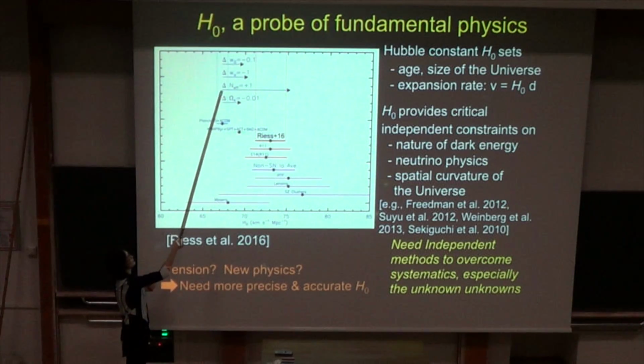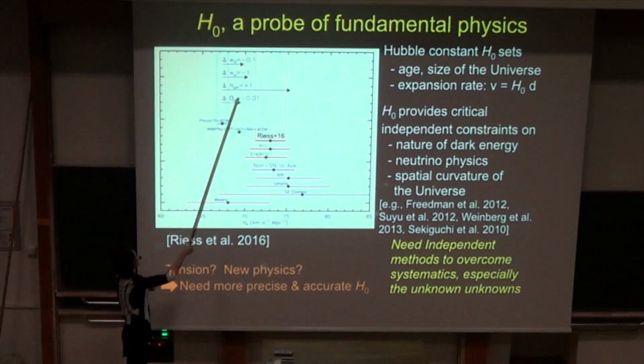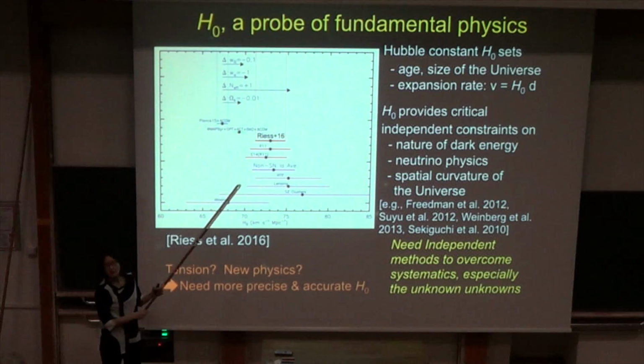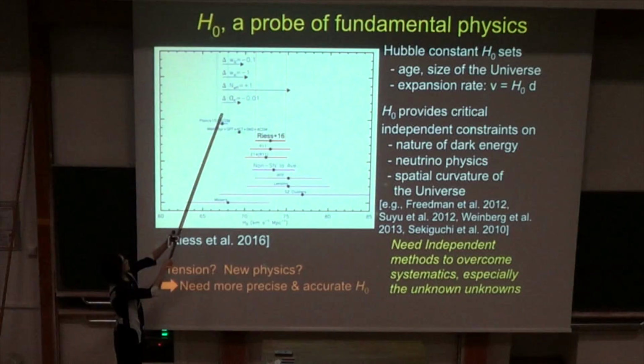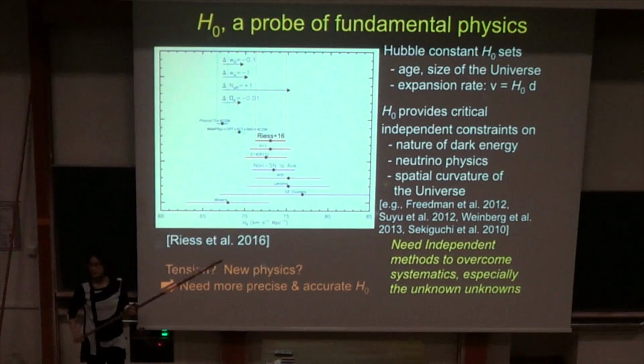Or if the number of relativistic neutrino species is higher, H0 from Planck would also become higher. And similarly for the spatial curvature of the universe.